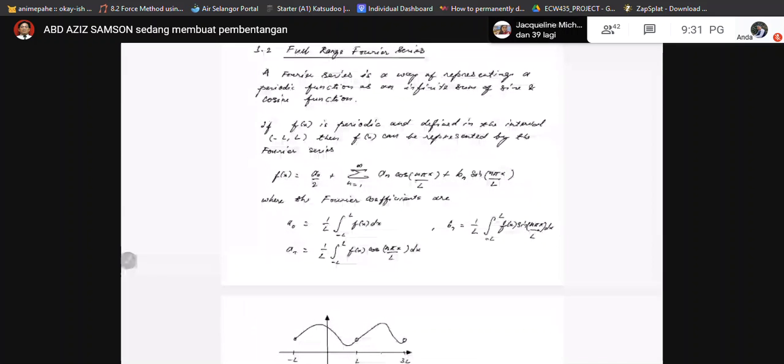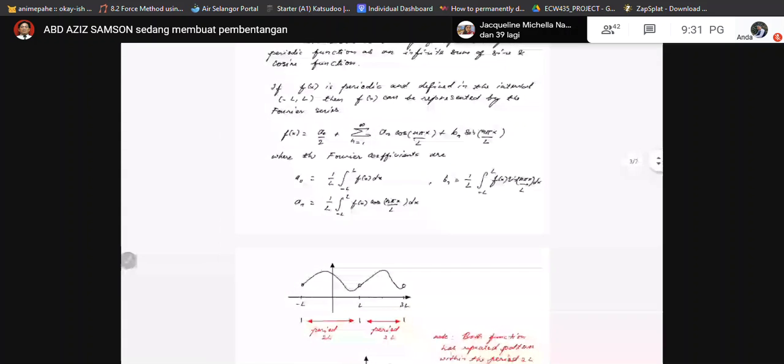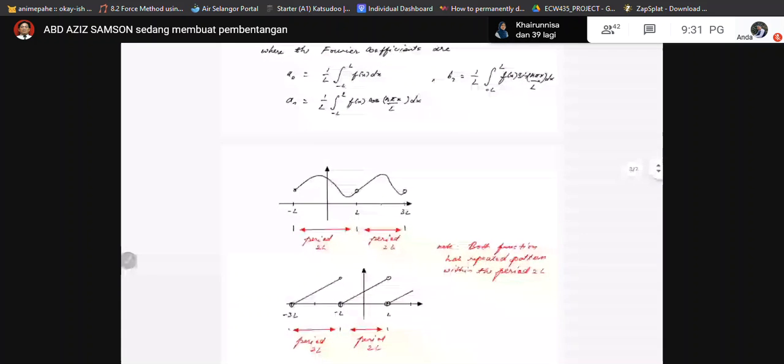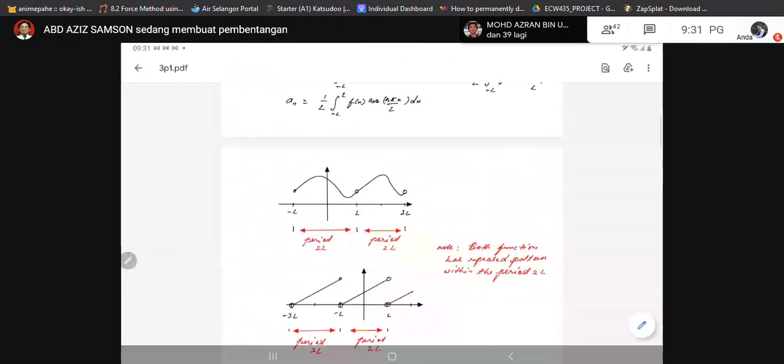What we have there is that we have Bn, right? And this is one example whereby the functions can be considered as one full cycle.